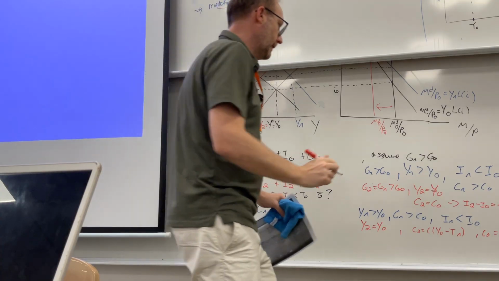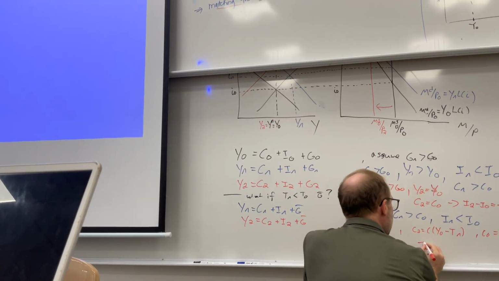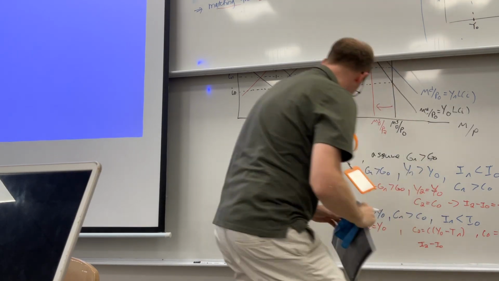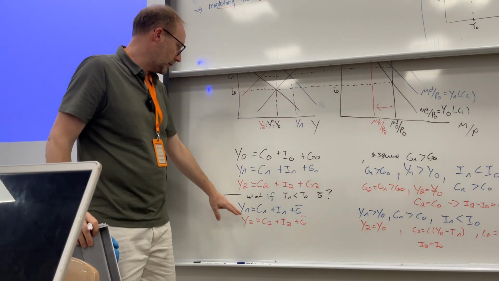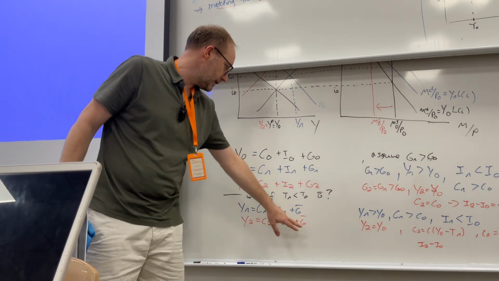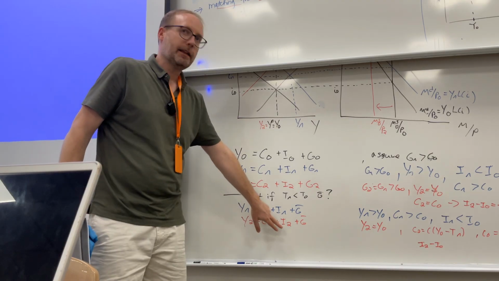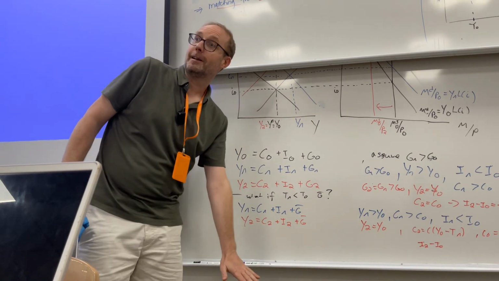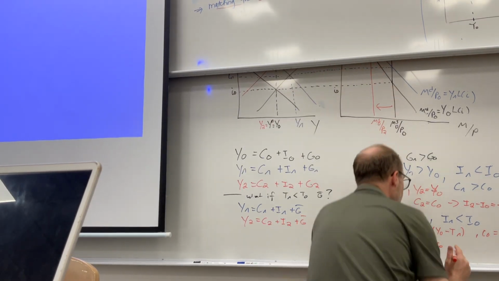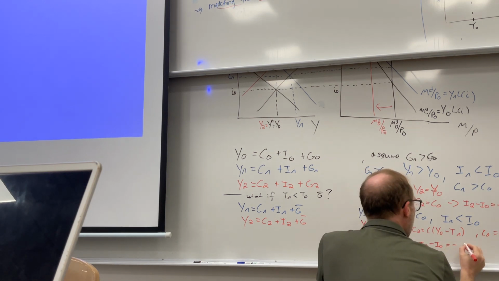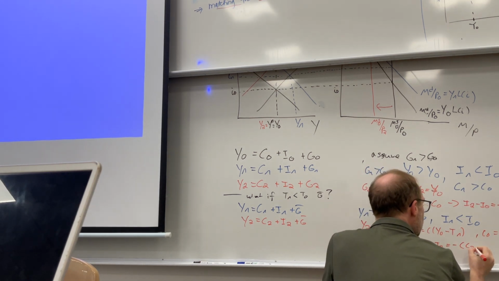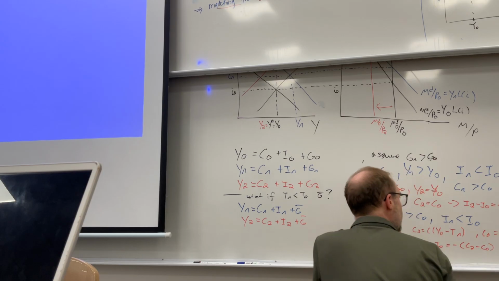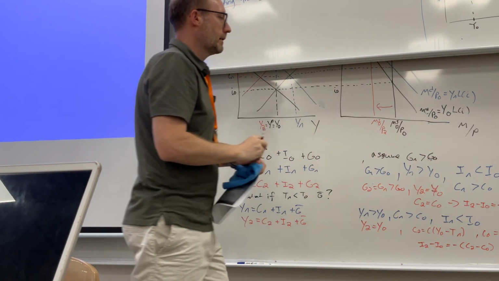And we conclude then that investment, compared to the original equilibrium, Y is unchanged, G is unchanged, and C has gone up, so I must have gone down. And it goes down by exactly the amount that consumption has gone up permanently.